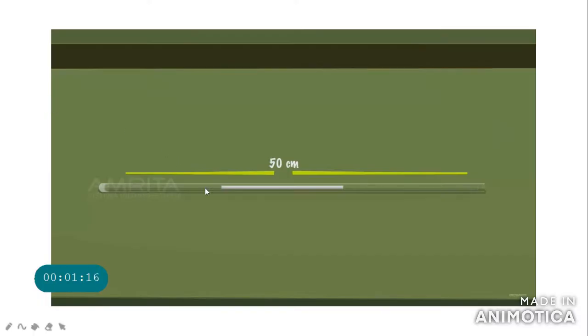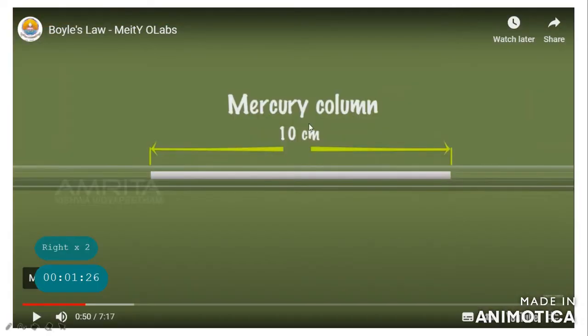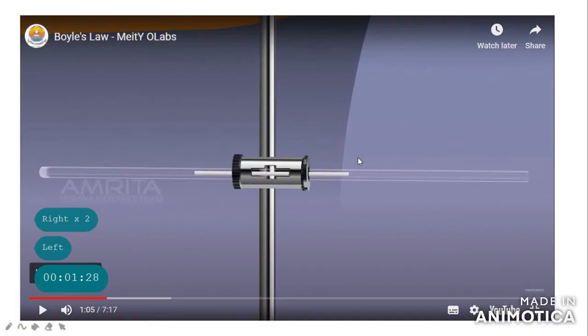Here is the quill tube having mercury in between. The length of the quill tube is 50 centimeter and the length of the mercury column is 10 centimeter. First of all, we will hang this quill tube in the stand at a horizontal position and measure the length of the air column.